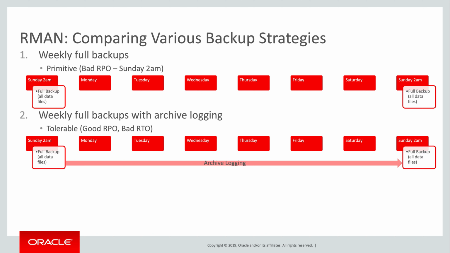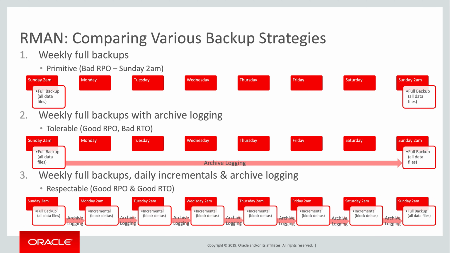However, recovery through several days' worth of archive logs can be quite a lengthy procedure. Therefore, the recovery time, RTO, is in general relatively poor with this strategy. So with good RPO but poor RTO, we might pronounce this strategy as tolerable.